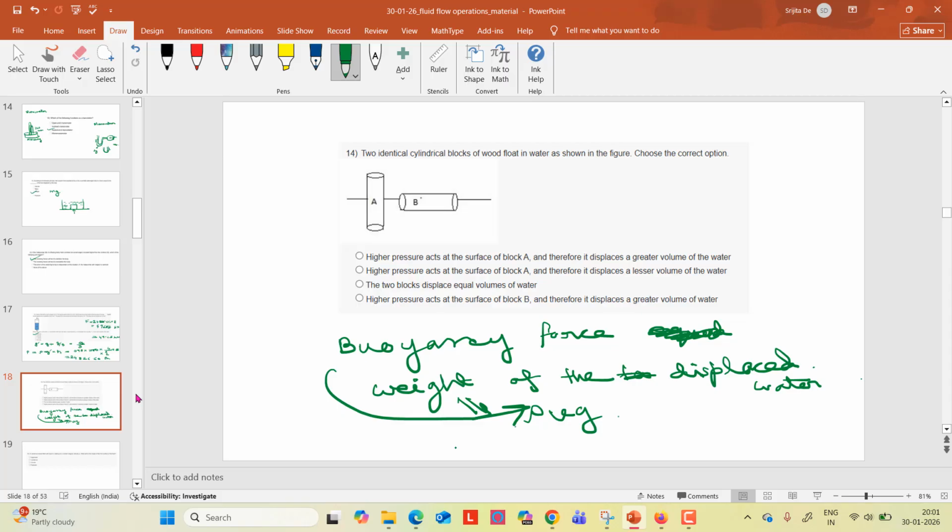So rho V will be the weight. Rho is same because they are both in the same liquid and V is same for both of them. It is the same height, same identical cylindrical block, right? So option 3 is correct.